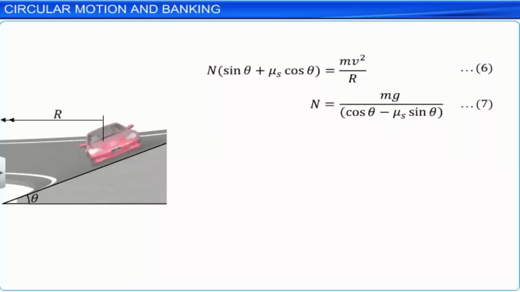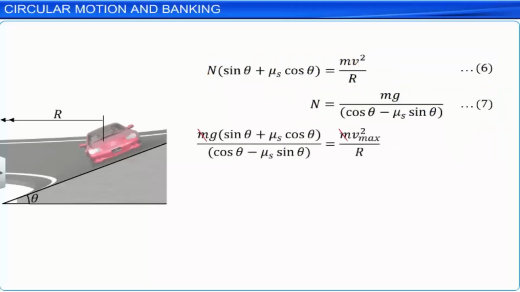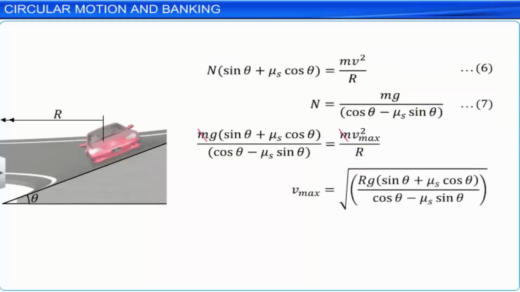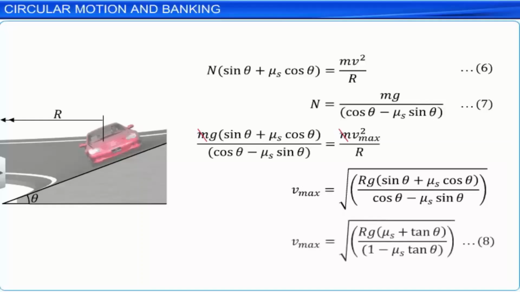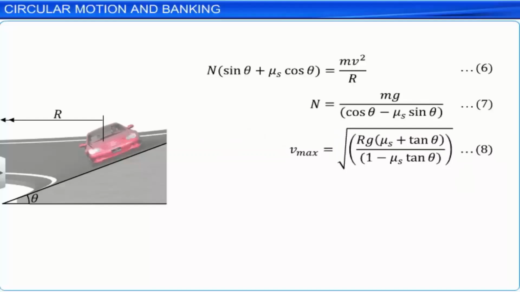Substituting equation 7 in equation 6 and solving, we get the maximum velocity, Vmax, as shown. Now, dividing all the terms on the right-hand side with cos theta, we get equation 8 as shown. If the frictional force is negligible, the maximum velocity, Vmax, is equal to the square root of r g tan theta.